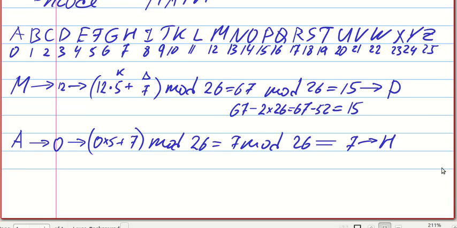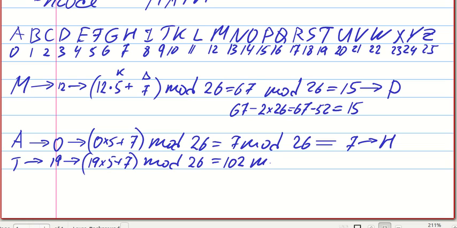Then the next thing we do is letter T in word math. T is 19. So we have 19 times 5 plus 7 mod 26. So 19 times 5 would be 95. 95 plus 7 is 102.